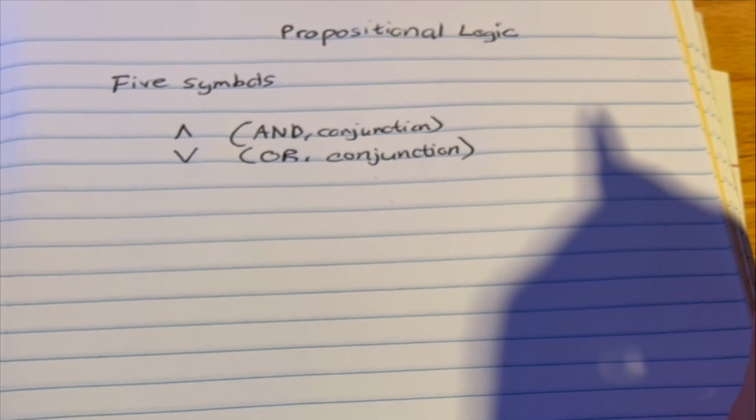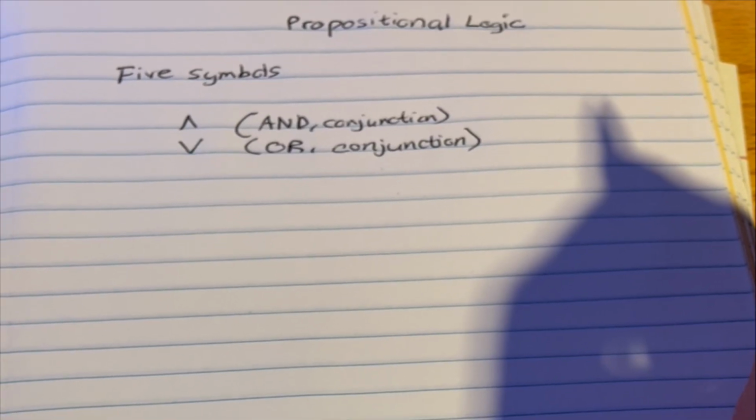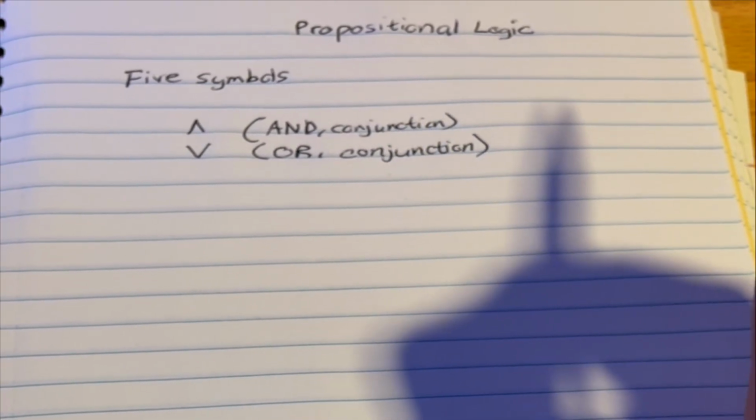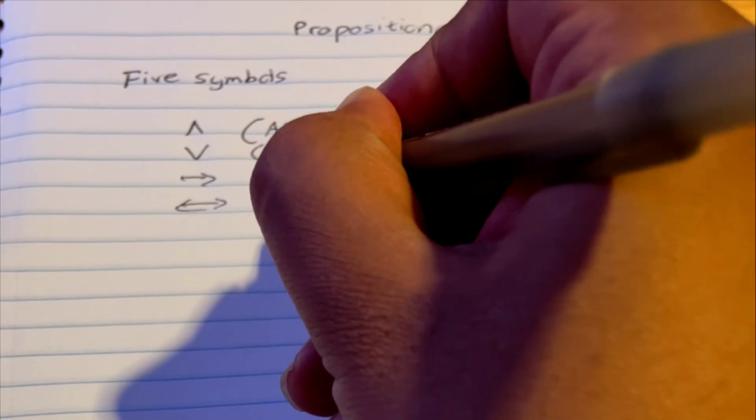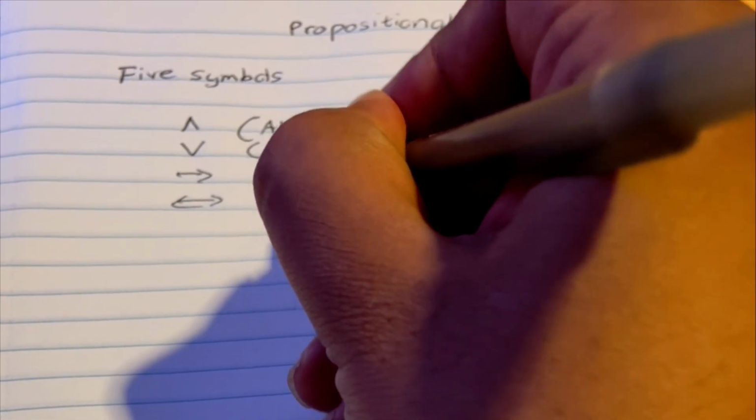And then after the and or, there's the implies symbol, which is a right-facing arrow. Then a two-facing arrow for biconditional.